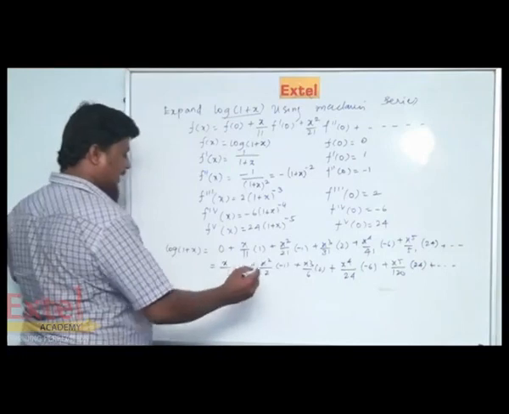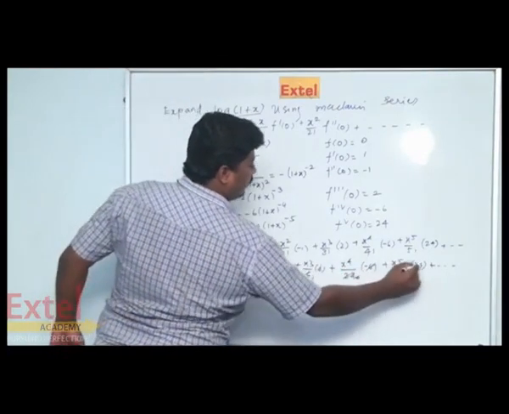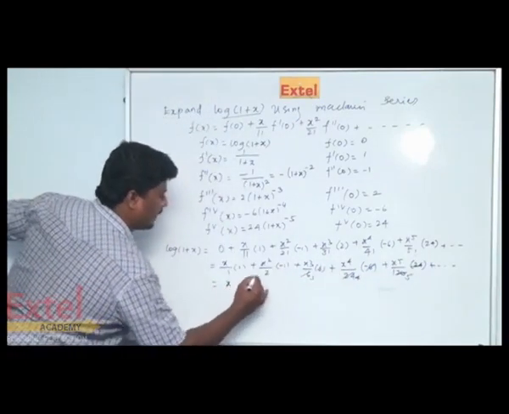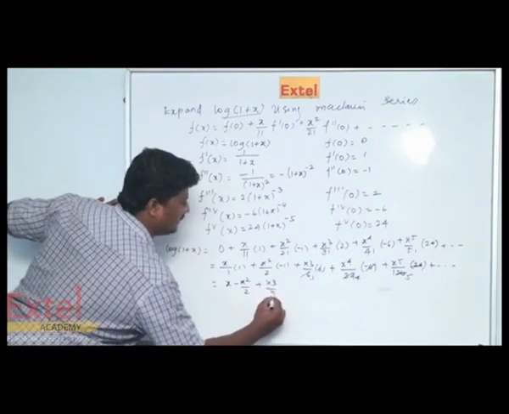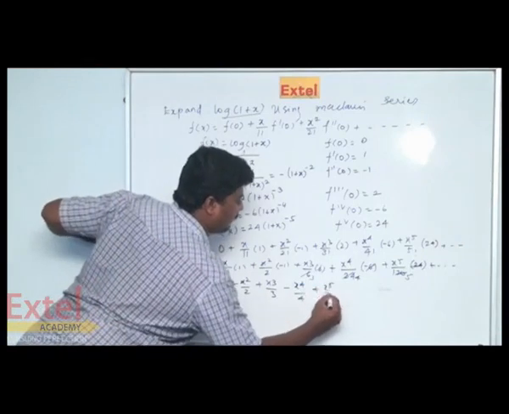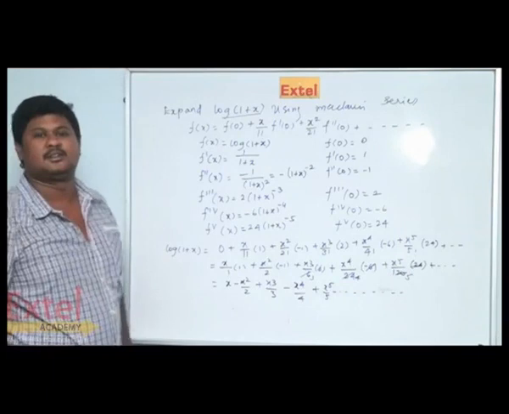Therefore you can say 2 will go 3 times, 6 will go 4 times, 24 will go 5 times. Therefore I can rewrite this as x minus x square by 2 plus x cube by 3 minus x power 4 by 4 plus x power 5 by 5, with alternate plus and minus signs, and so on. This is the answer. Okay.